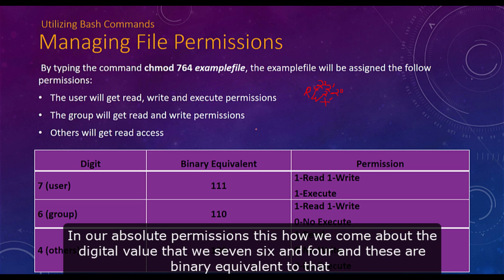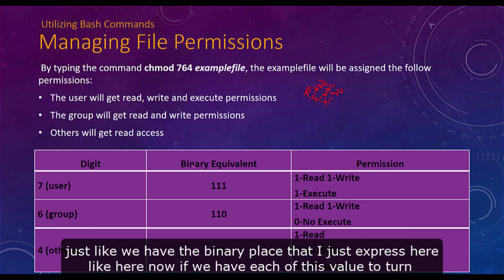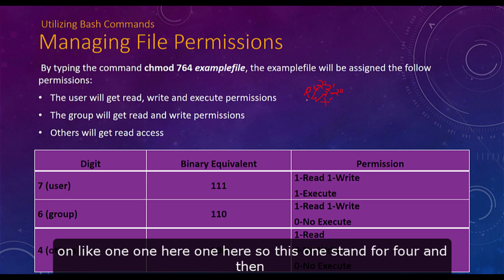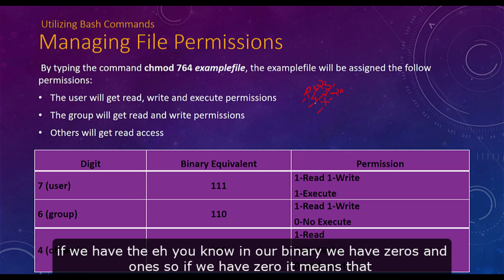That is how we get 7, 6, and 4, and these are the binary equivalents. Just like the binary placement I just expressed here, if each of these values is turned on, like 1 here, 1 here, this 1 stands for 4. In our binaries we have zeros and ones.